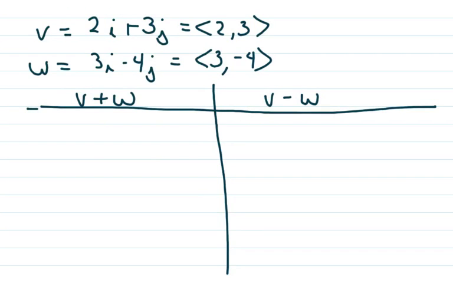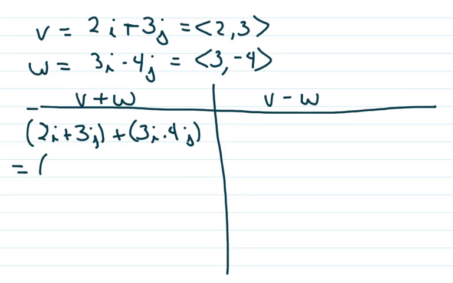Now let's try adding and subtracting two vectors. So I have two vectors here, v and w, and I want to add these. So what I'm going to do is first use the i and j way, and the way you do that is we're going to say that v plus w equals 2i plus 3j plus 3i minus 4j.